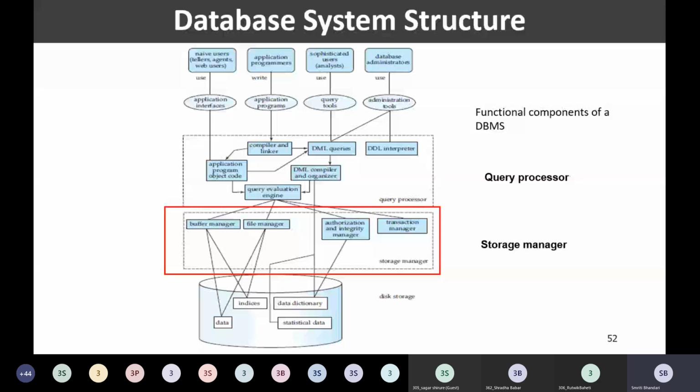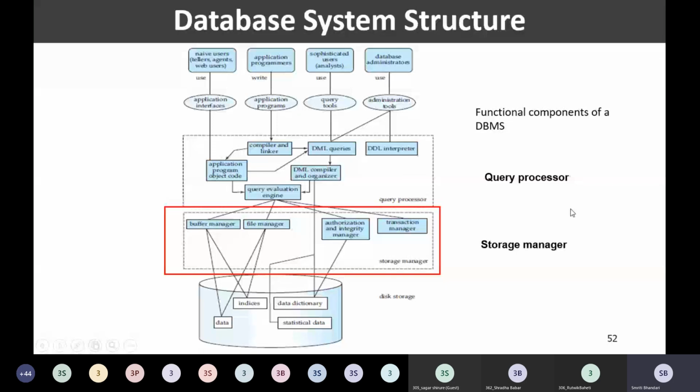Also, we have the query processor. Why is it important, why do we have this functional component, the query processor? See, we have the application programs.